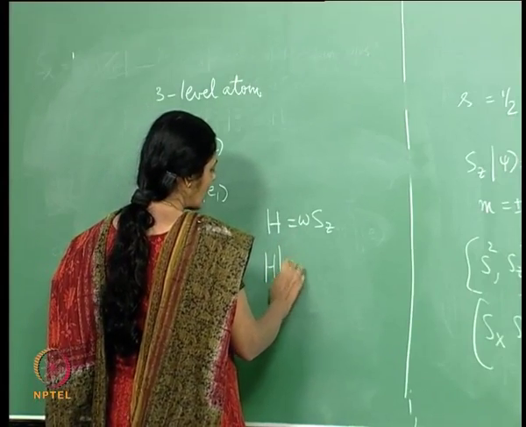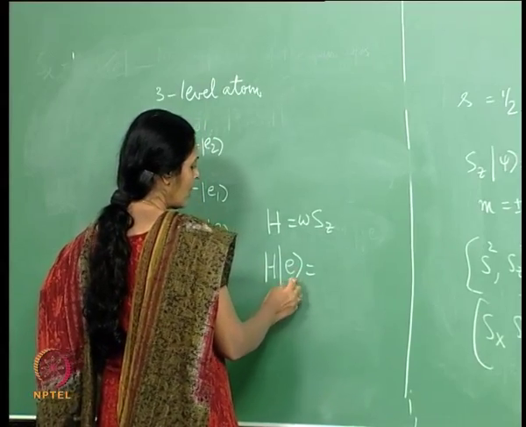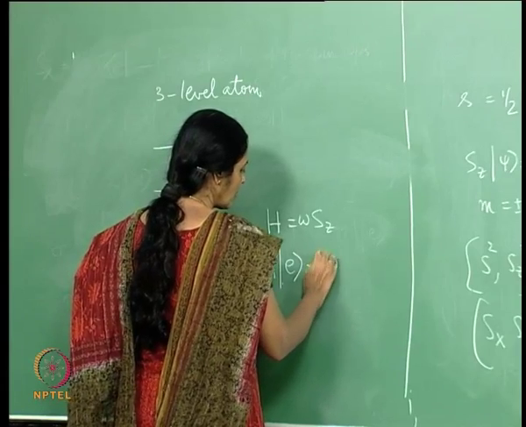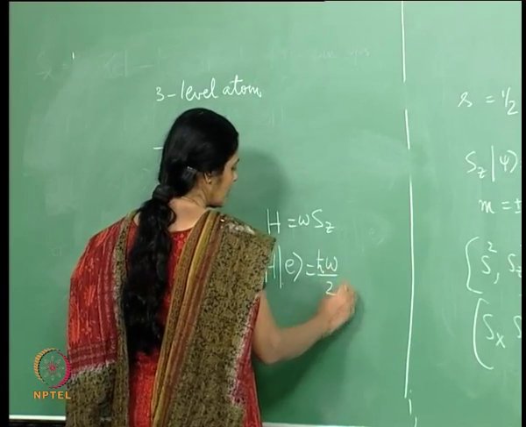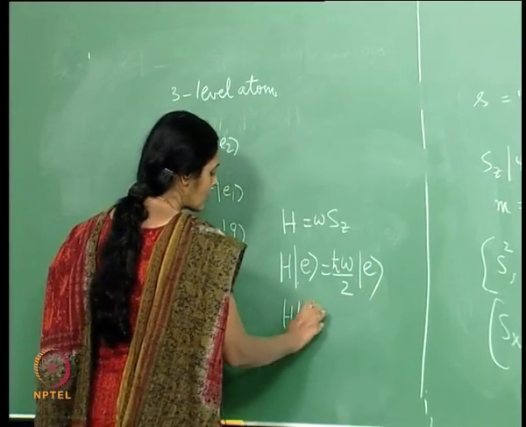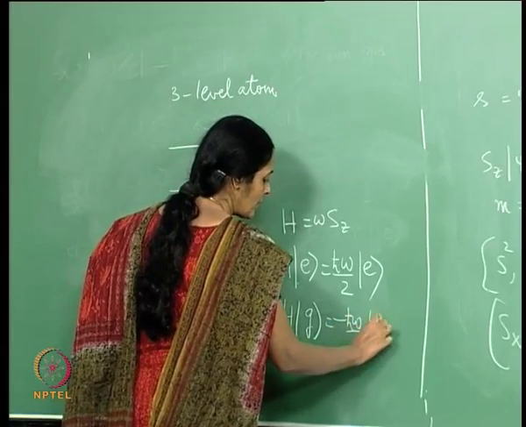Then the action of the Hamiltonian in the case of the 2-level atom on E is going to be h cross omega by 2 E, and when it acts on the state G, it is minus h cross omega by 2 G.